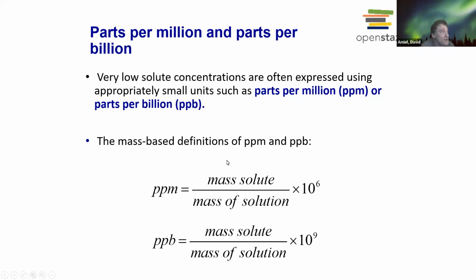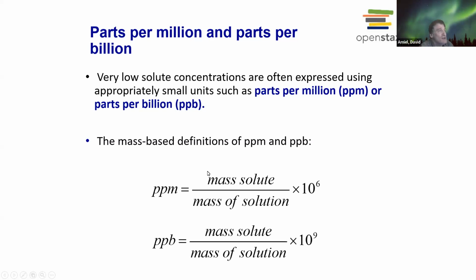So here are the definitions. These are mass-based definitions. You can have different applications by volume, by mass. There are other ones as well, but mass and volume are the two basic ones.